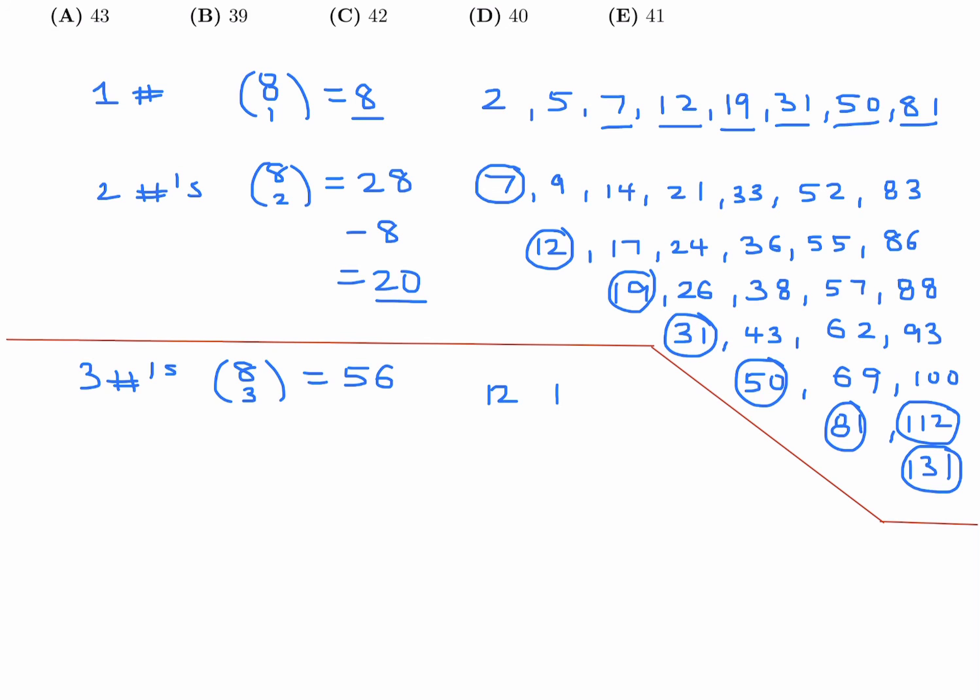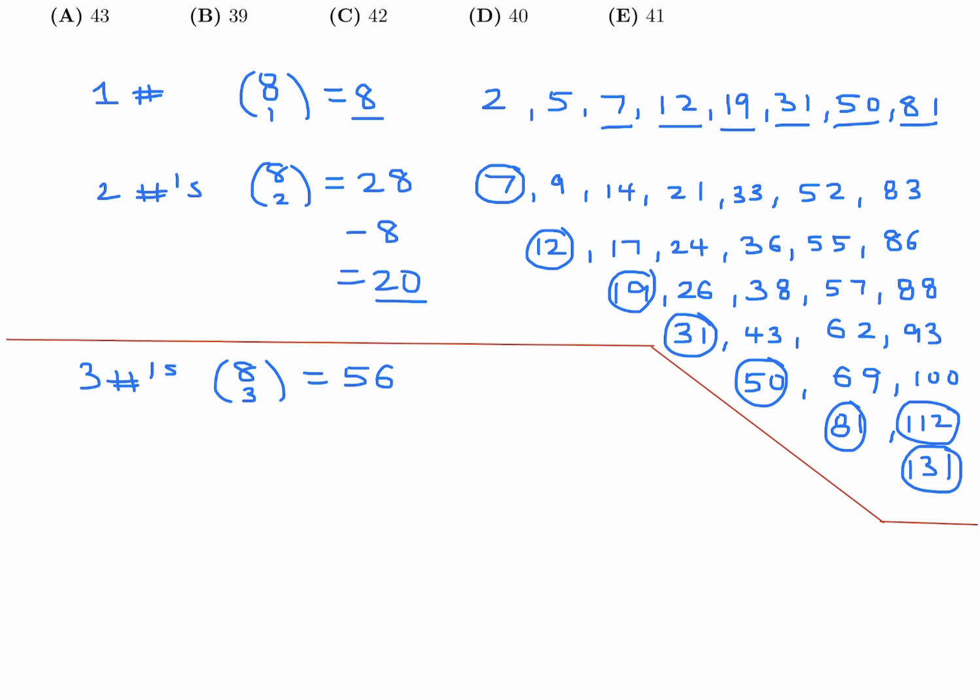So let's see what happens if I choose consecutive again. 12, 19, and 50 is 69 plus 12, which is 81. 81's already there. So I hope you can see that having consecutive numbers will result in giving you something that's already been created.